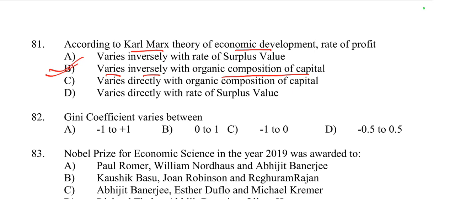There is an inverse relation between these two concepts, because as more capital is invested in machinery and technology, which means constant capital, relative to labor, which is variable capital, the source of surplus value, which comes from labor, decreases, leading to a falling rate of profit. So it varies inversely with the organic composition of capital.